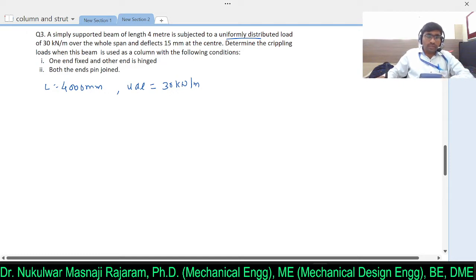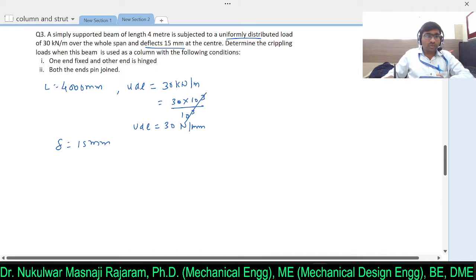We need to convert it into Newton per mm. 30 into 10 raised to 3 divided by 10 raised to 3. So this will get cancelled. Then we get the value for UDL equal to 30 Newton per mm. Clear? Now deflection is given. Here the deflection is given as 15 mm at the center.